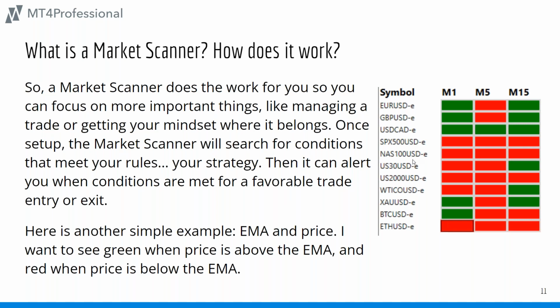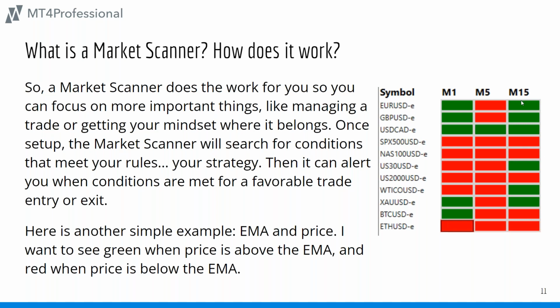Here's another example over on the right, where you can see I have a symbol list of different symbols, not only Forex, but we're looking at CFD futures instruments, including Bitcoin instruments.